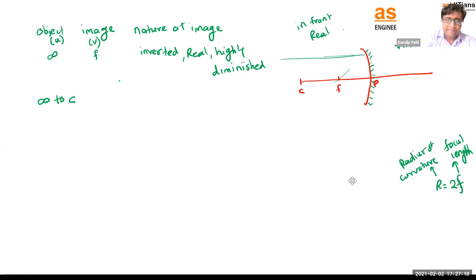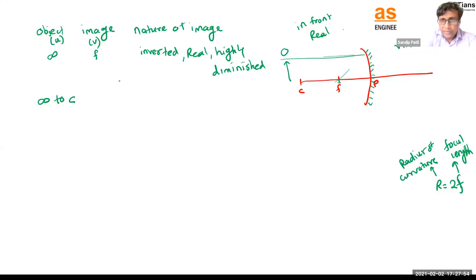If you keep the object somewhere between infinity and C, this is the object, not the image. You are going to get the image somewhere here, between C and the focal point. We have also seen in the previous sessions a very cool little animation: if you move the object from infinity towards the focus point, the image moves from the focus point toward infinity. Initially the object was at infinity and you got the image at the focus point.